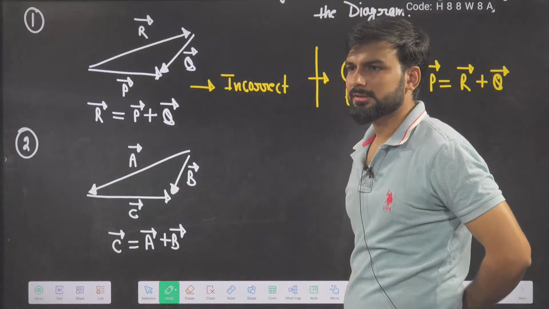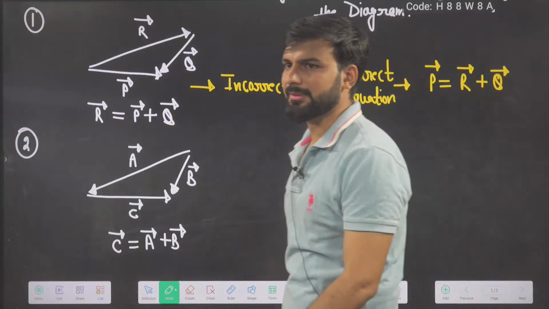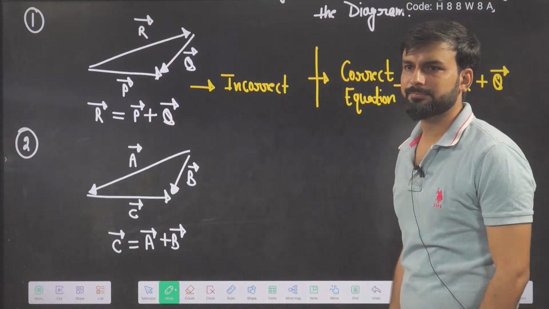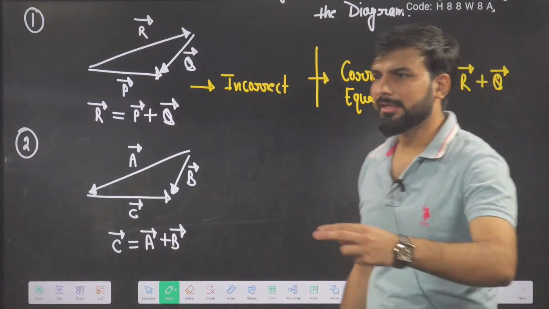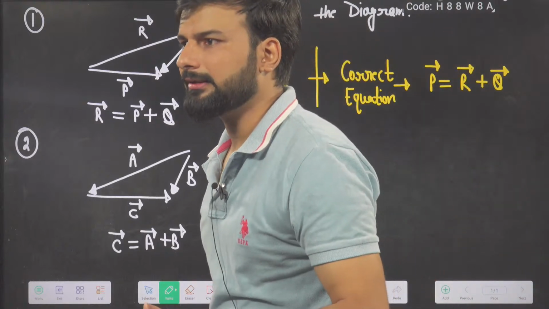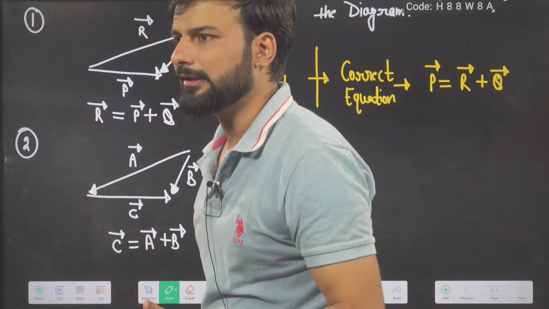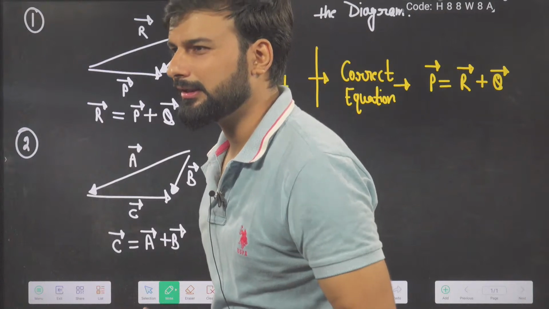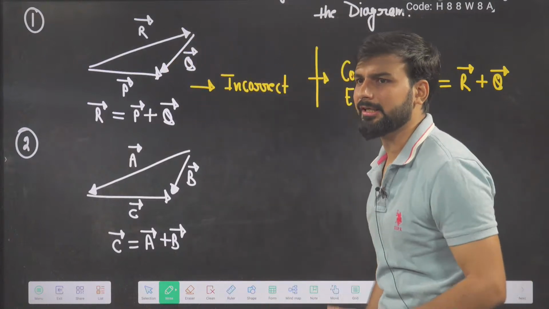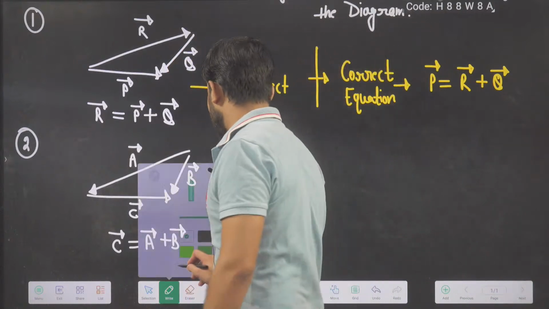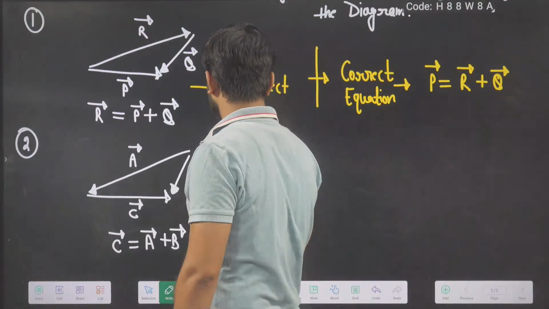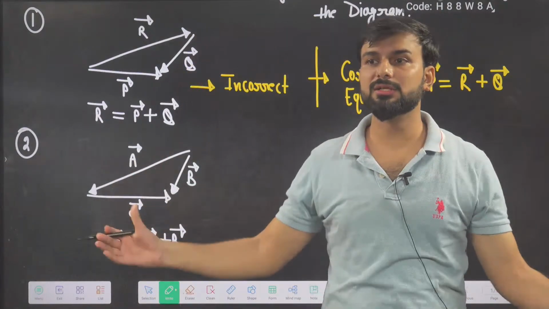Just tell me. Incorrect. Some are saying correct. Incorrect, wrong. Very good. It means my students have understood the concept of who will be the resultant.